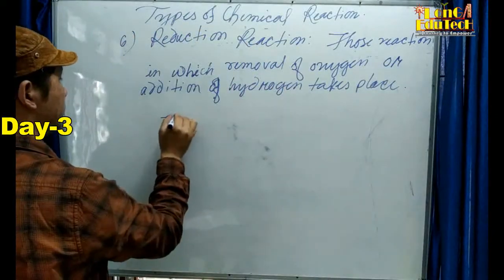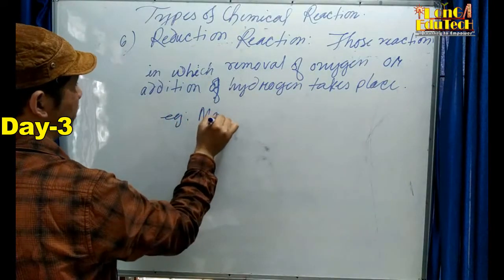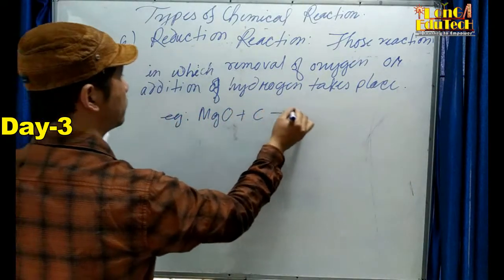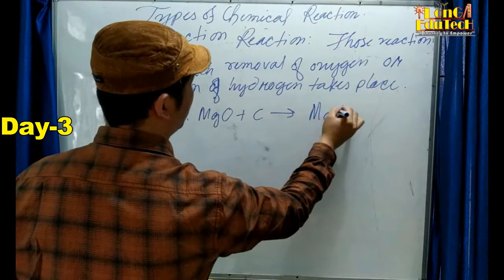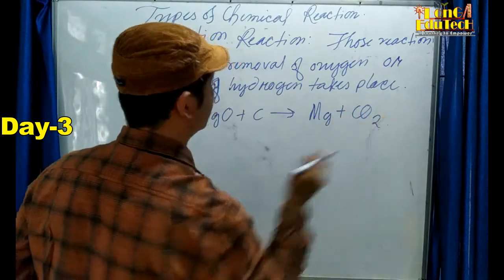So an example is magnesium oxide plus carbon to form magnesium plus carbon dioxide.